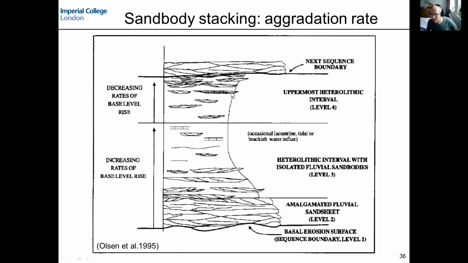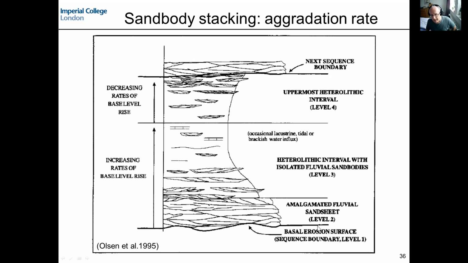So this corresponds to a change from high accommodation back to low accommodation. And in this model, we have some prominent erosion surfaces. Those would be maybe periods of relative uplift, removing accommodation and generating erosion. So we can think about explaining those patterns in the context of accommodation space.